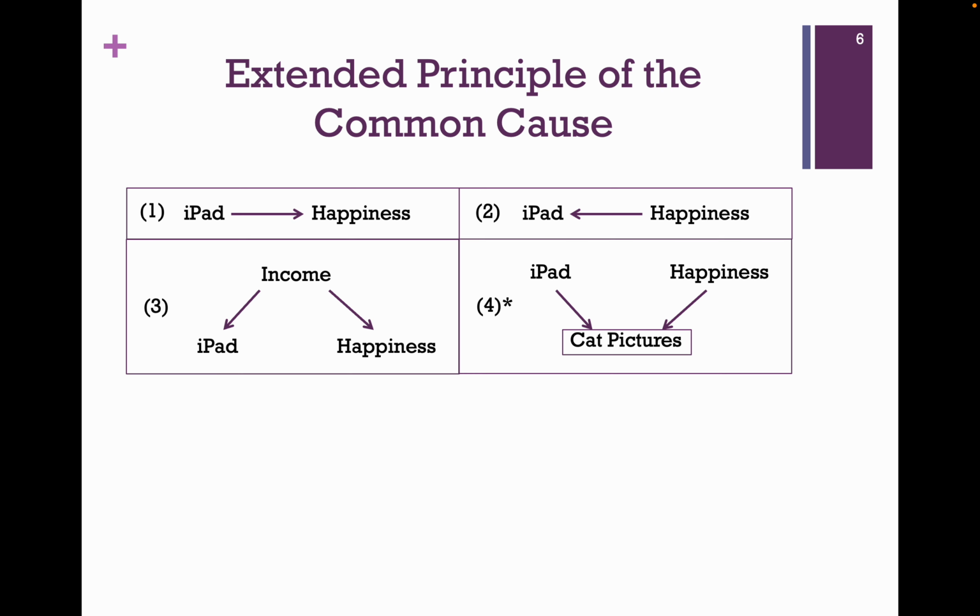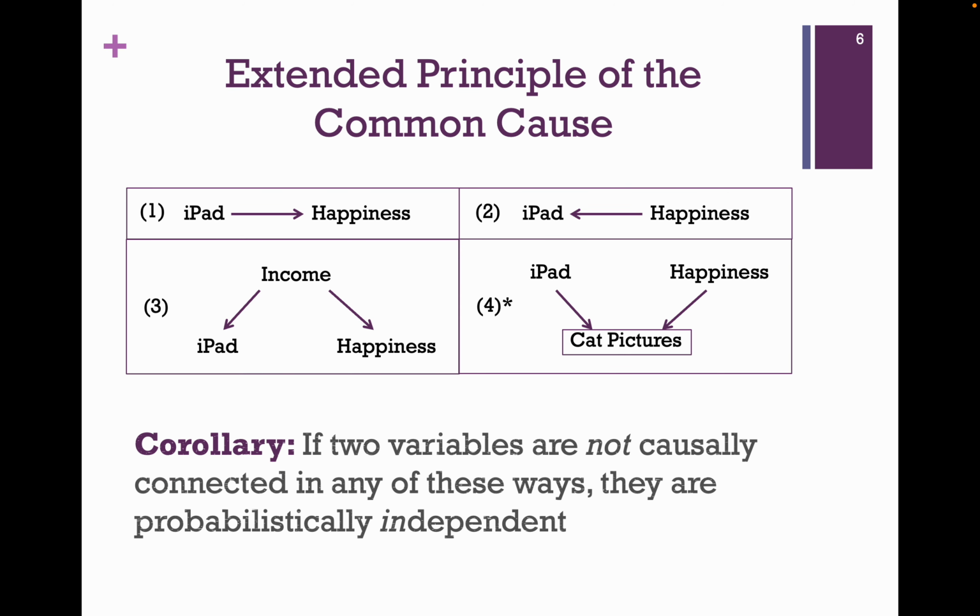So we can develop an extended principle of the common cause, saying that any dependency needs to be explained in one of these four ways. A corollary of this is if two variables are not causally connected in any of these ways, then they are probabilistically independent.